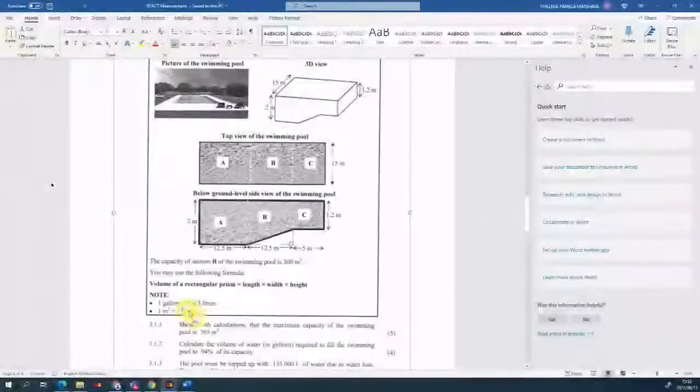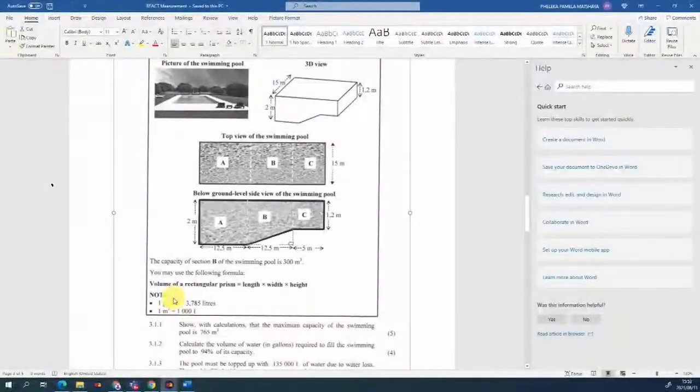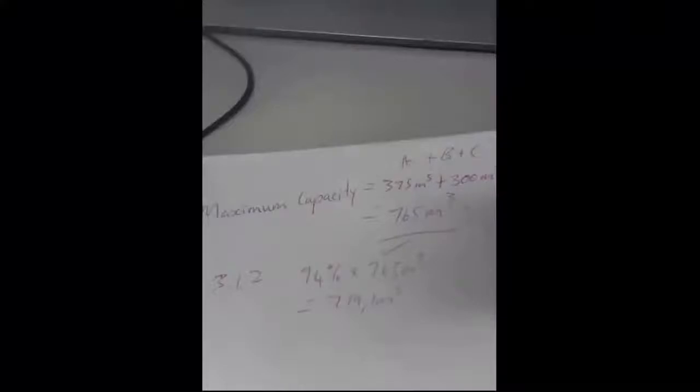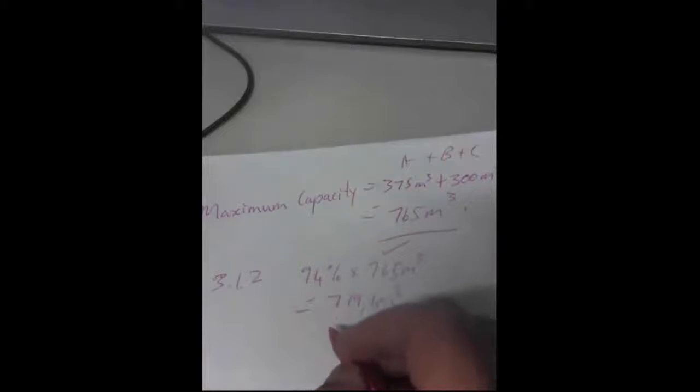Remember, we must first convert that cubic meter to liters, and then from liters to gallons to get the answer. So there are 2 conversions that we have to do. What should we do?